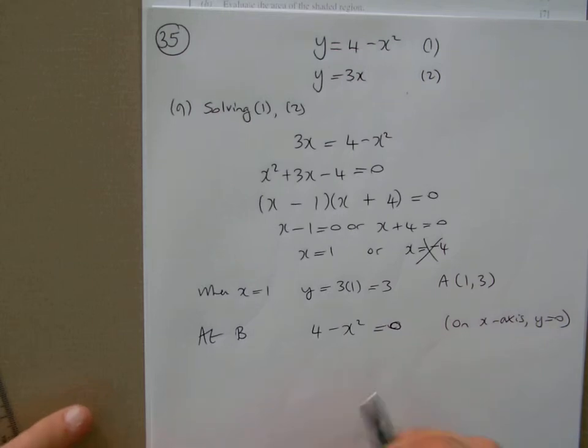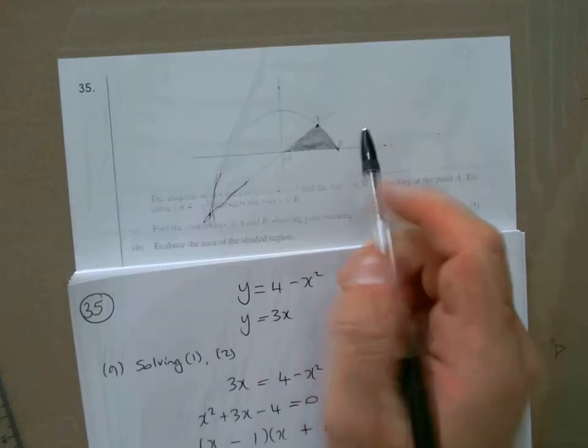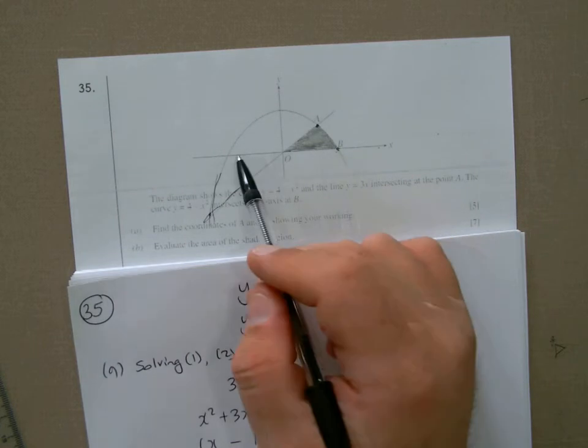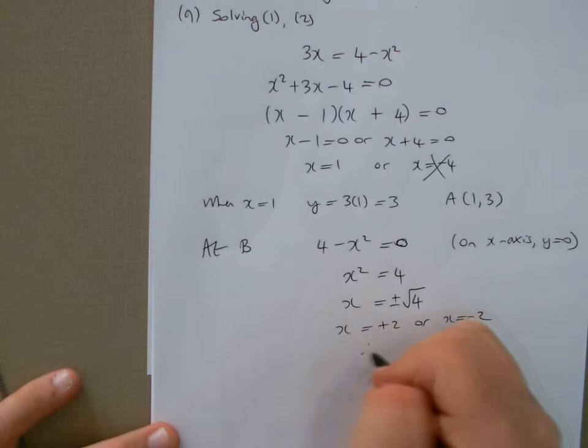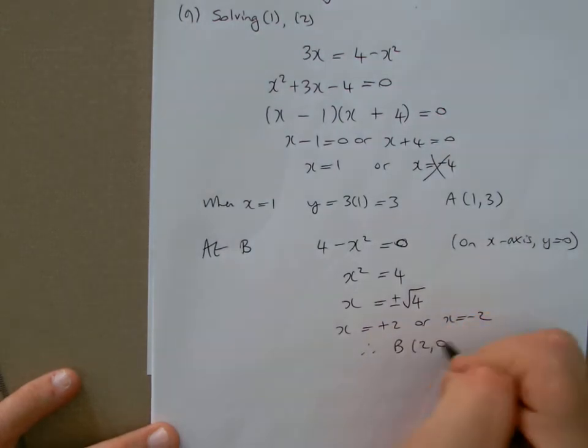So 4 minus x squared is 0, which means x squared is 4. So to get x, you square root, and remember when you square root, plus or minus, so you get x is plus 2 or x is minus 2. And again, you've got to decide what point to take. Well, it's the positive one, isn't it? It'd be minus 2 there, which we're not interested in. So positive 2. So therefore, B will be (2, 0).